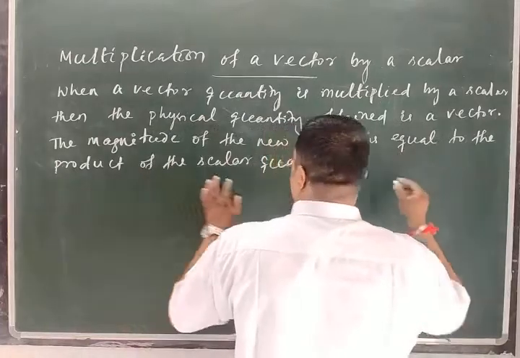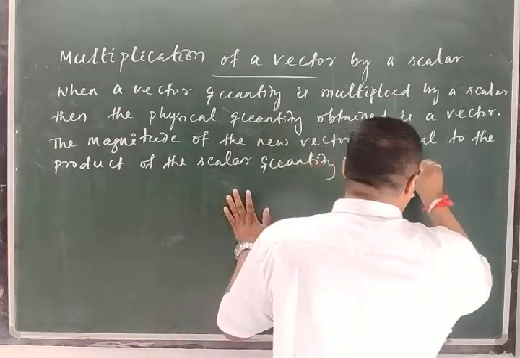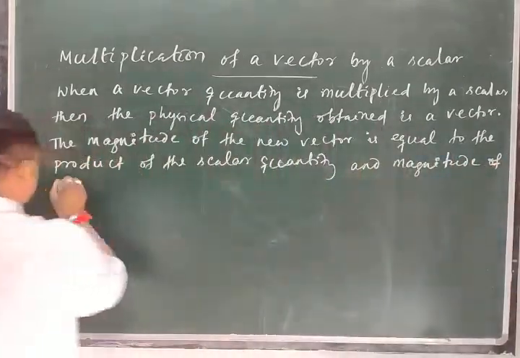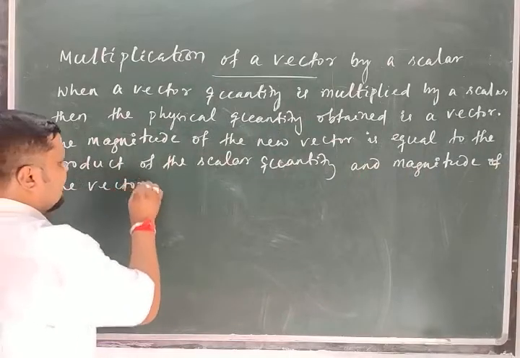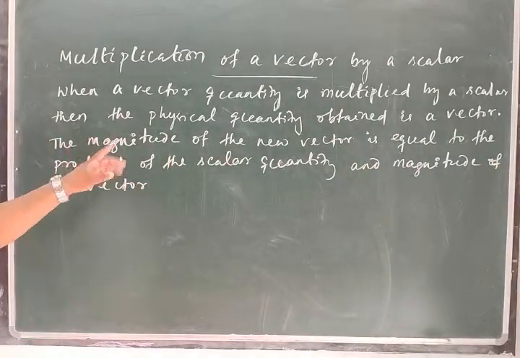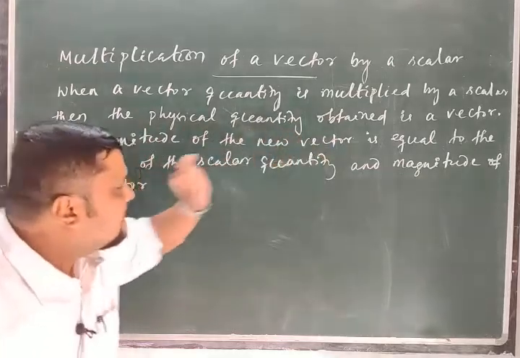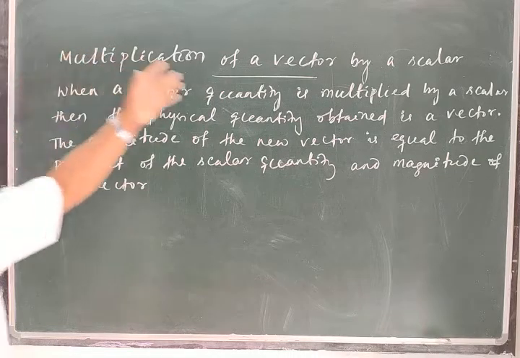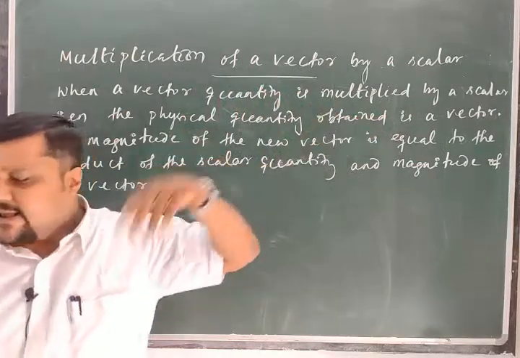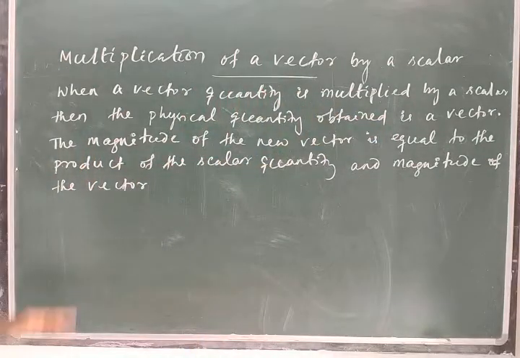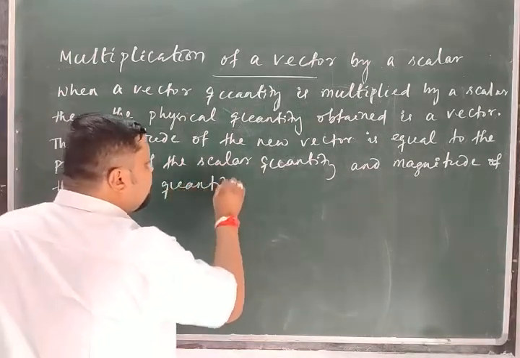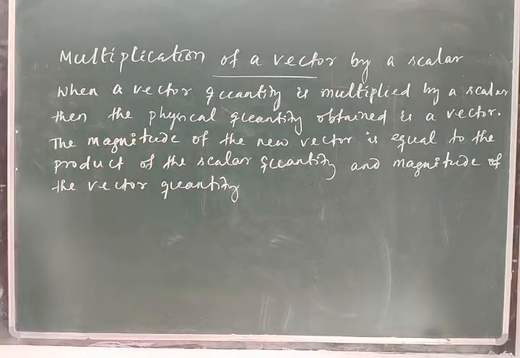Is that clear? Then the physical quantity obtained is a vector. The magnitude of the new vector is equal to the product of the scalar quantity and the magnitude of the vector quantity, as in the previous case with a real number.